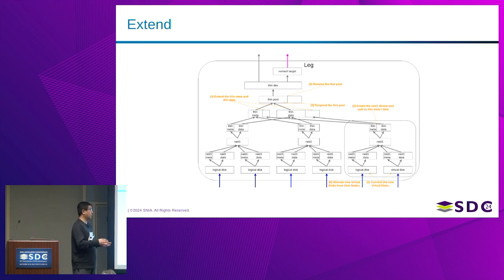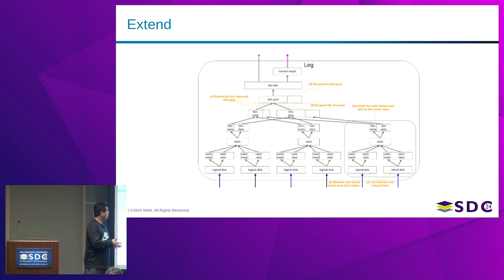Maybe at first we only allocate 10 gigabytes. If the user already writes maybe 9 gigabytes, we need to allocate another 10 gigabytes to this disk.